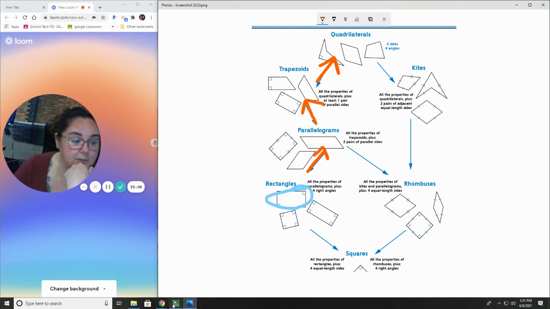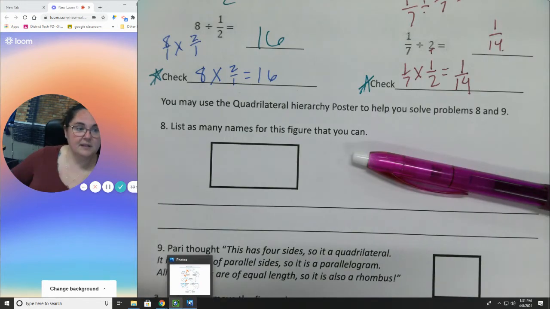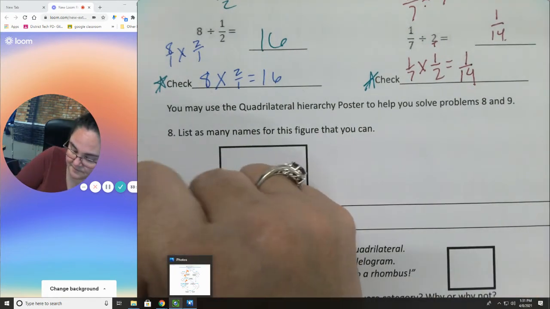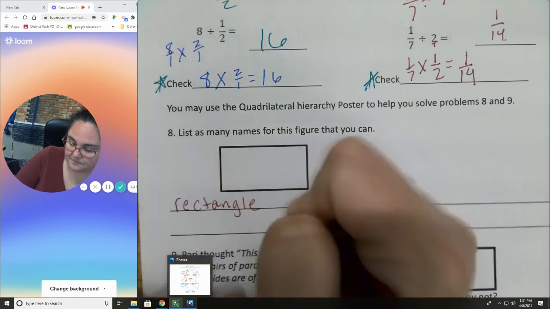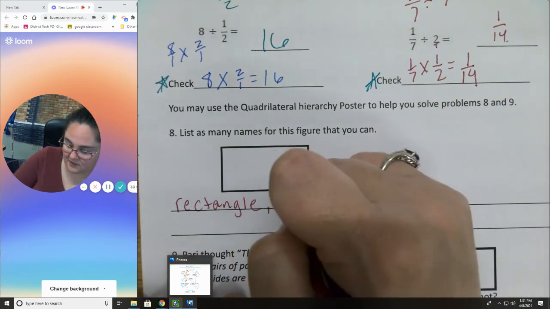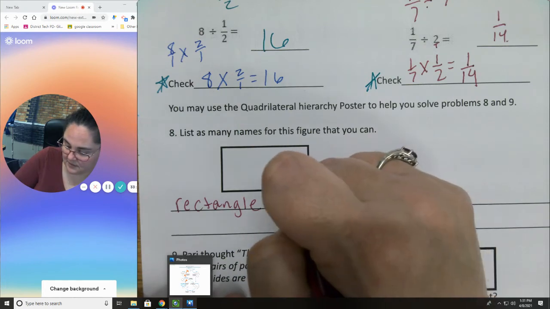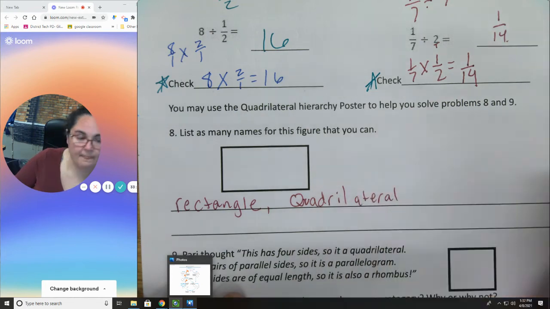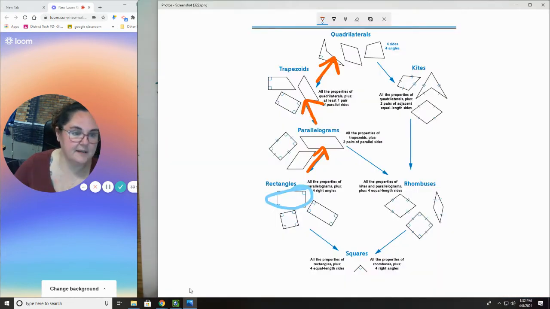So that's what I'm going to put on my page. List as many names for this figure as you can. We said it's a rectangle. We said it is a quadrilateral. A parallelogram and a trapezoid.